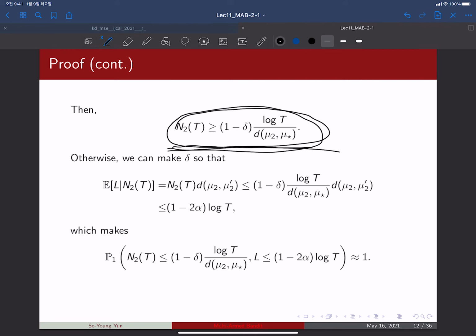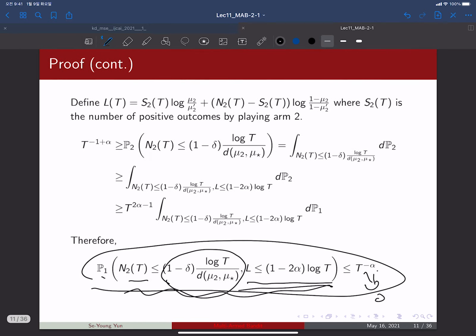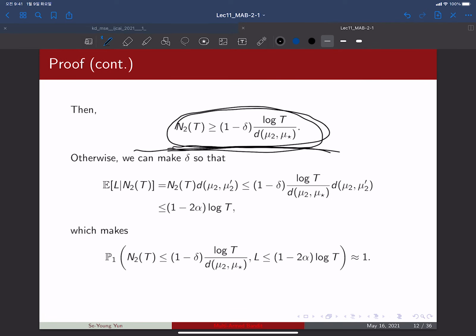When this is true, then it holds. And previously we found that the probability goes to 0 as t goes to infinity. So I believe this is true. I will show this more formally, by contradiction. So assume that this is not true.